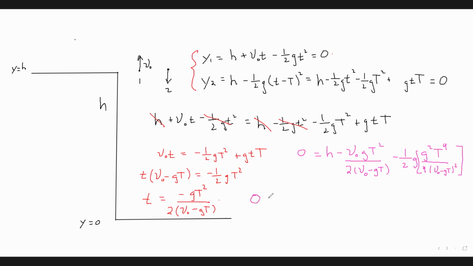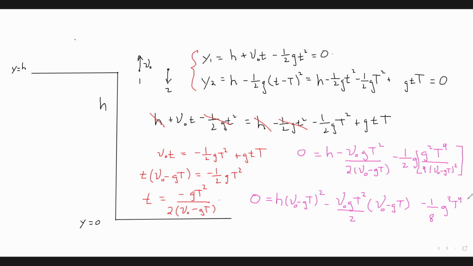We get 0 equals h times (v0 minus g capital T) quantity squared minus v0 g capital T squared divided by 2 times (v0 minus gT), minus 1/8 g cubed T to the 4th.